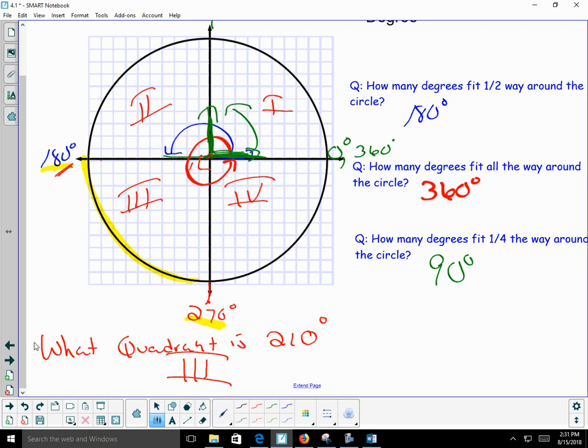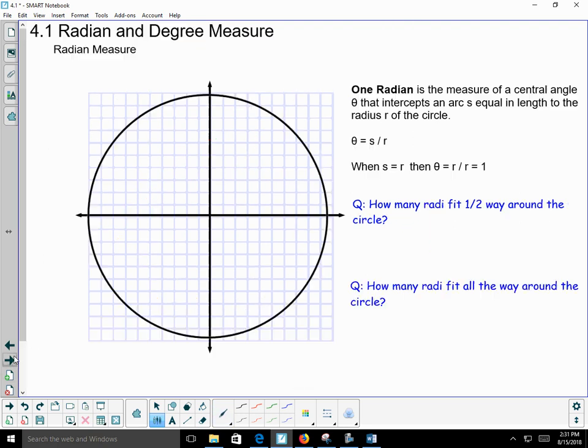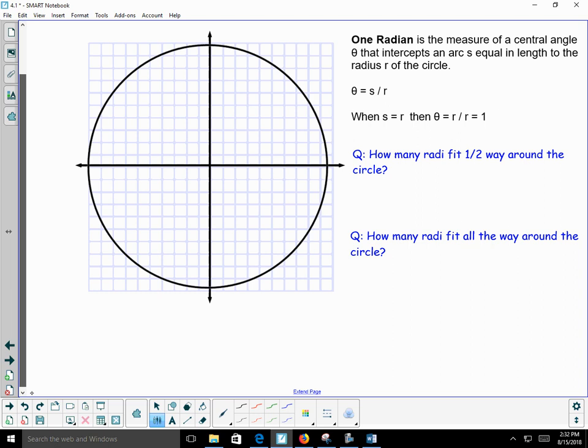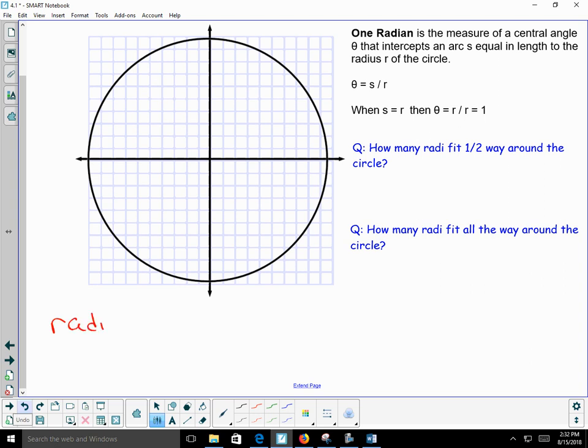So I hope that's clear. Then we're going to do radians. Now with radians, let's suppose I had a radius of 1, just 1, and I asked you what the circumference of a circle is. Well, the formula that you learned for circumference is 2 pi r.